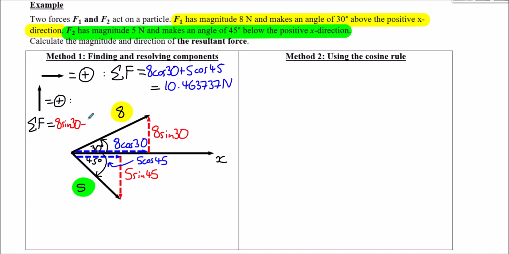So then minus 5 sine 45, and that gives us a total force going either up or down. Let's work out which prevails, if it's going to be positive or negative.